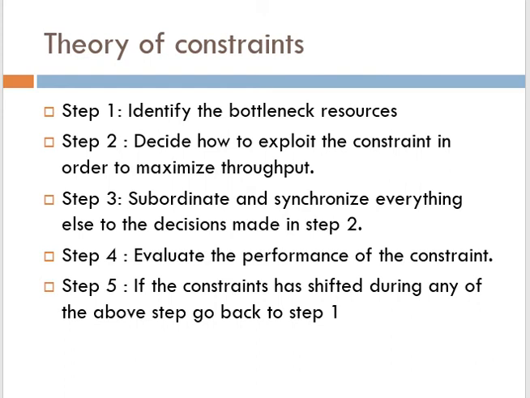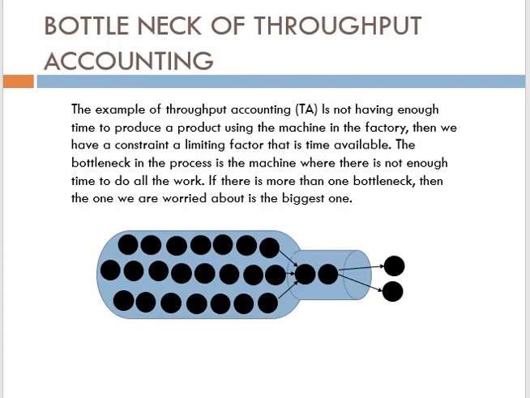So if there is only one constraint, like in the example, if the constraint is only time, then fine, we can manage the time and go on with the production process. But if the constraints are more, then there is a worry in the production process, which will lead to a big loss.